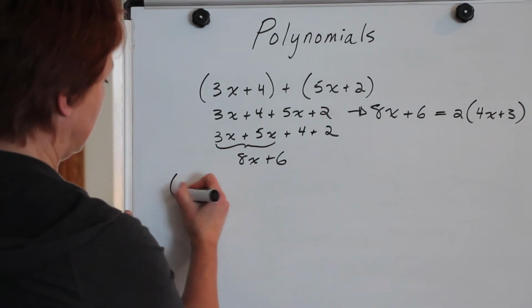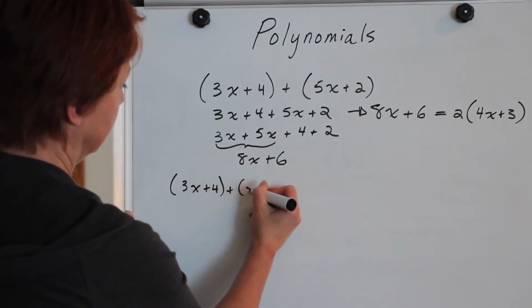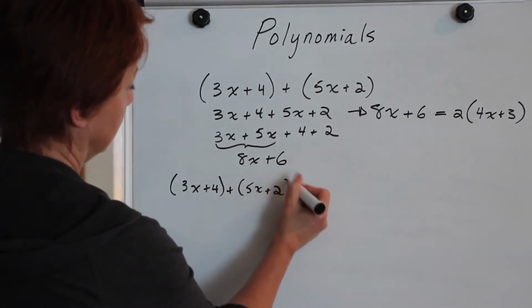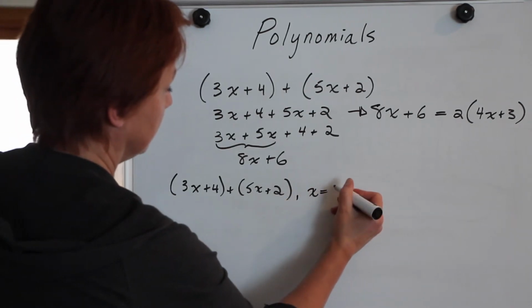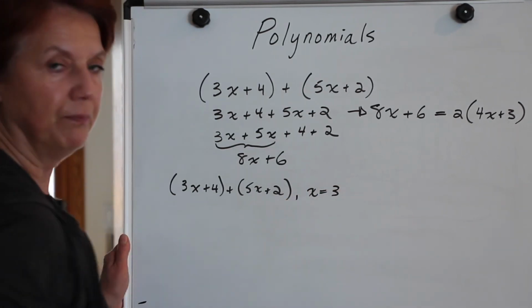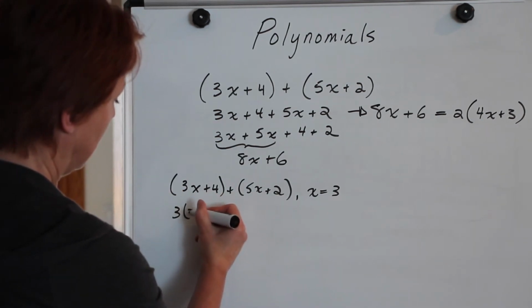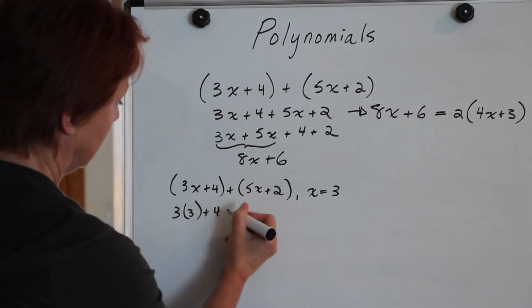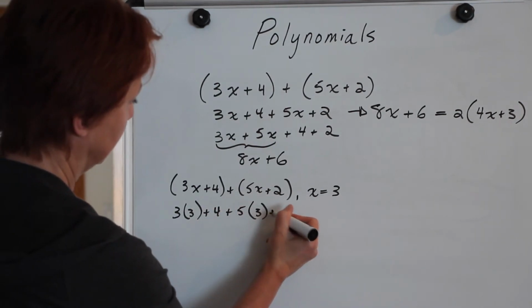So let's say that we have 3x plus 4 as it was written originally, and plus 5x plus 2, and we're going to say x is equal to, I don't know, how about 3, okay? Now, if we put the 3 in for x, here's what that would look like. And we always use brackets when we're multiplying.